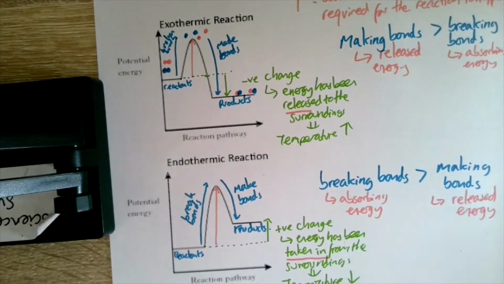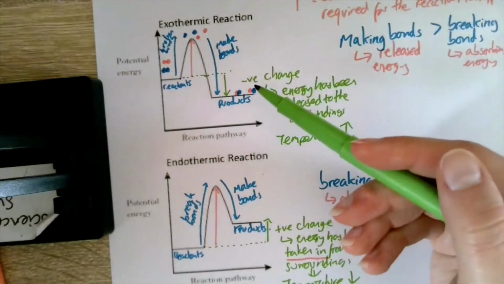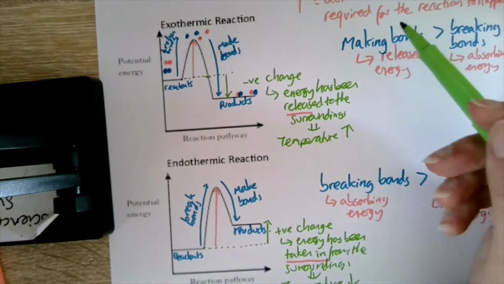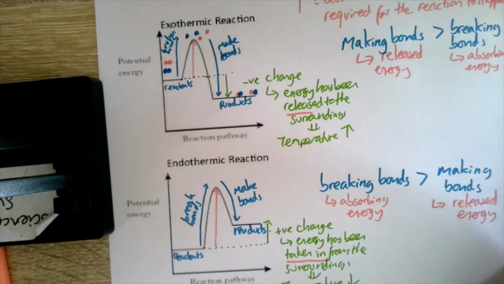And so in terms of why a reaction would be exothermic, well, it's that the energy that's been released when we've made bonds is greater than the energy that was absorbed when we break bonds.